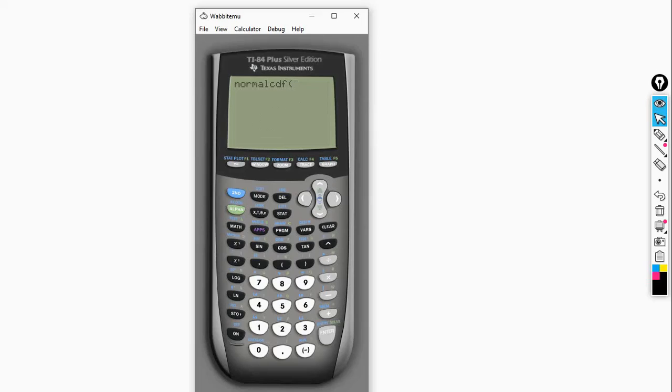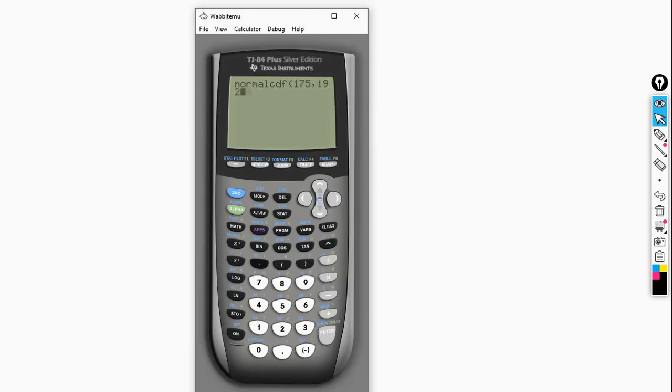So the first thing we're going to do is find the probability that the random variable x lies between 175 centimeters and 192 centimeters without using standardization. So the first thing you type in is the lower limit, which in this case is 175, and then comma. Next we need the upper limit, which is 192.